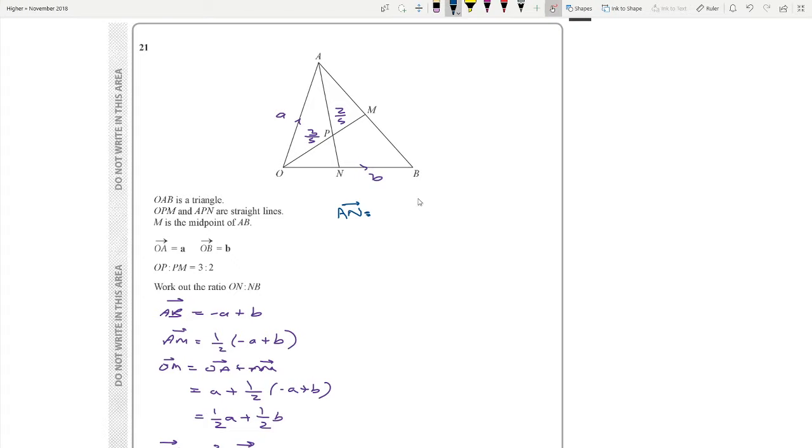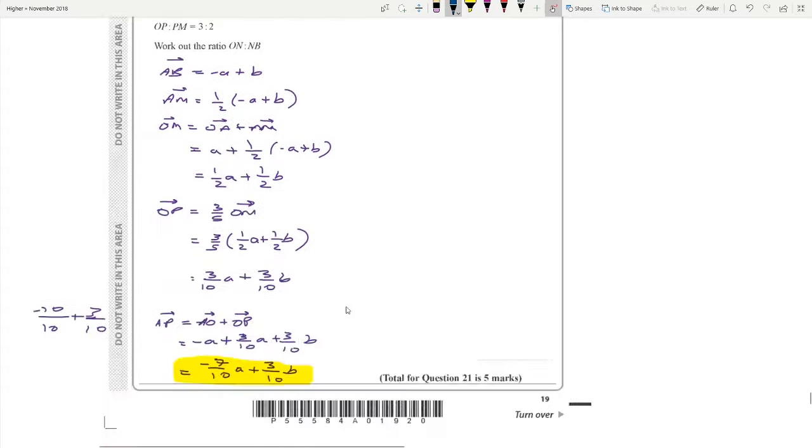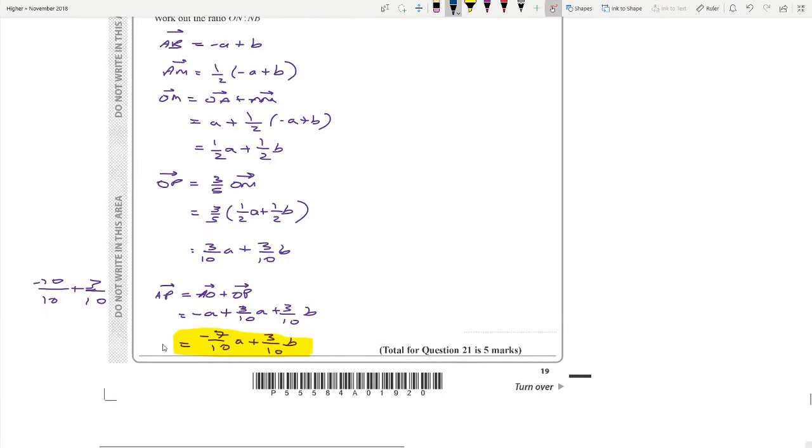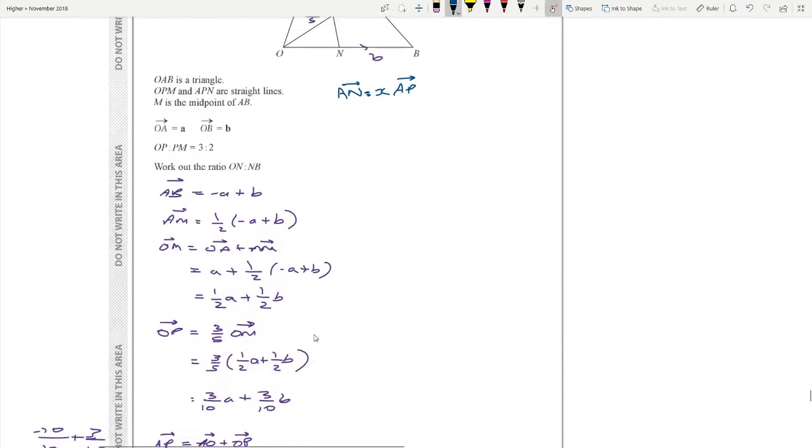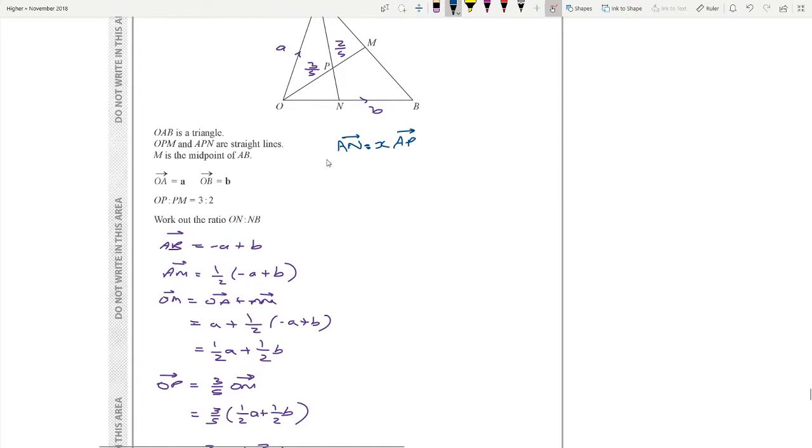What that multiple is, I don't know, so I'm going to call it X. So something multiplied by the vector AP gives me the answer to AN. Well, we just worked out the vector AP, didn't we? The one that I've highlighted is minus 7/10 A add 3/10 B.